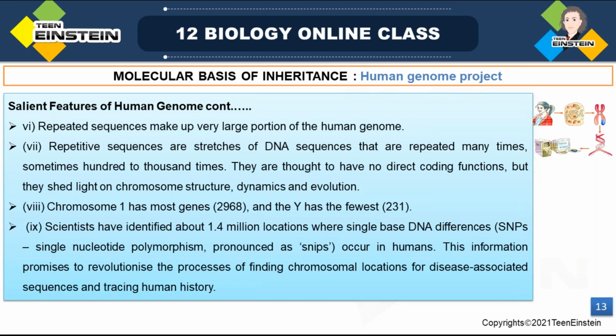Only a single nucleotide difference occurs in humans, and this information helped in finding chromosomal locations associated with particular diseases and sequencing of such things. That helped in tracing human history also. Got it?